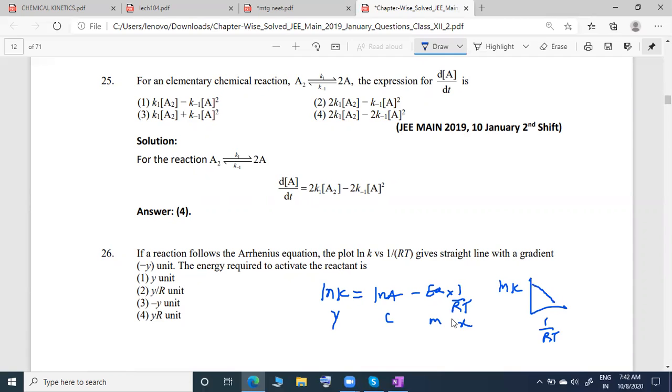This is the intercept ln A and the slope equals minus EA. They have already given it in terms of minus unit. So minus slope equals EA, so the minus will be cancelled. Then the activation energy should be y.